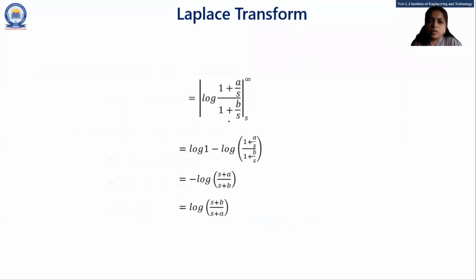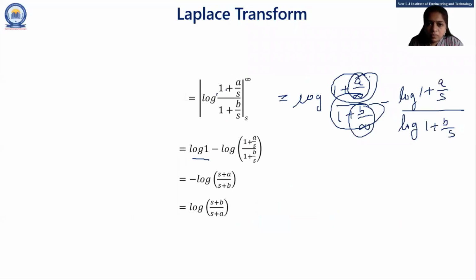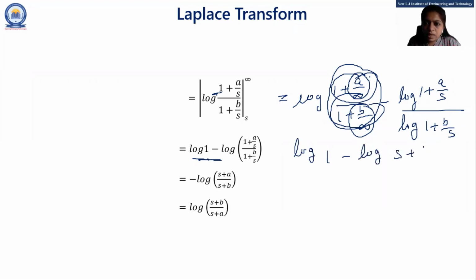And if you take s common, it will just be 1 by 1, so it will convert into 1. So normally log 1 is there, minus log of 1 plus a upon s over 1 plus b upon s. If you wish to take s common, you can, otherwise you may directly write this term also, like log 1 minus log of s plus a upon s plus b. Okay, log 1 is 0. So minus log of s plus a upon s plus b is there.